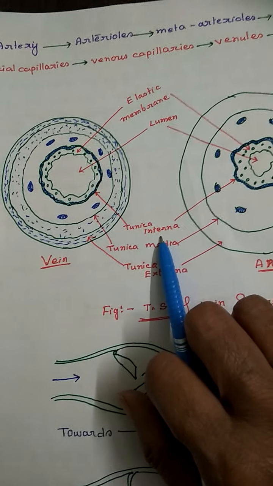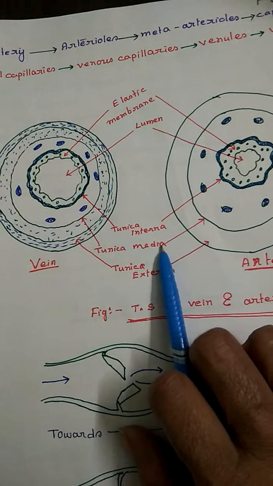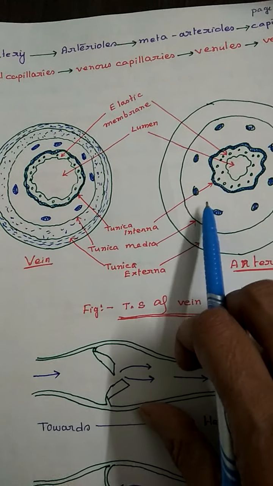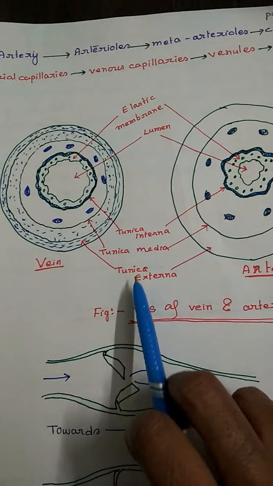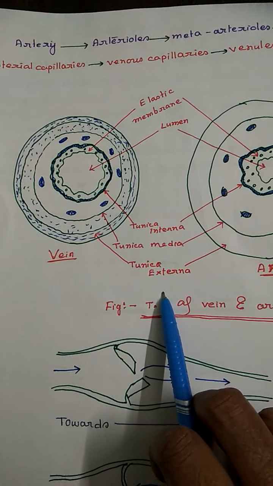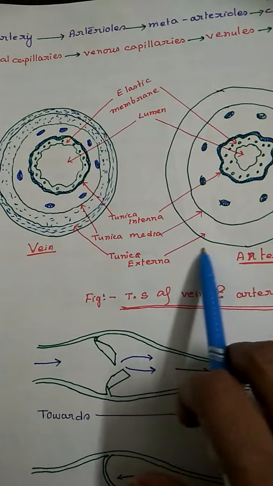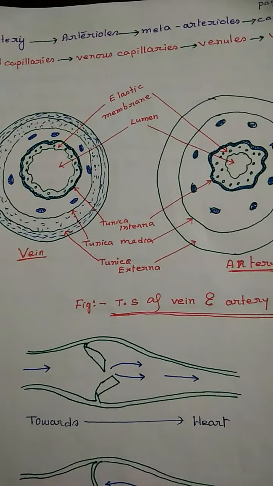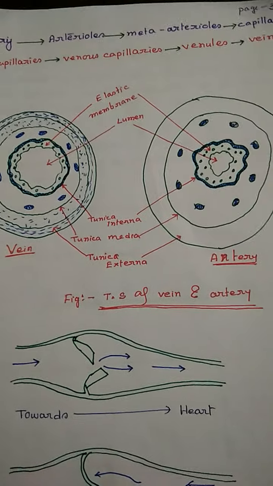Another part is tunica media. Tunica media is this layer in both the cases, and the outer one is known as tunica externa, in the case of artery and vein. So this is the histology of blood vessels.